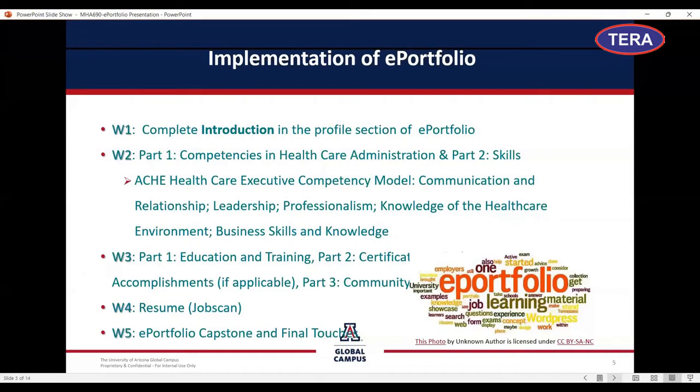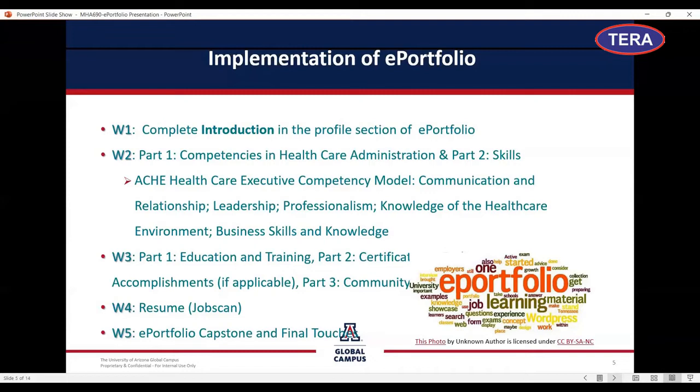In week 1, students are required to complete the introduction in the profile section of their e-portfolio by articulating who they are, including their leadership style, their values, their personal mission, vision, and career goal.